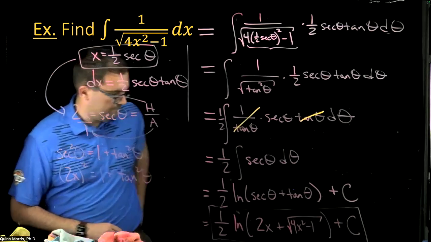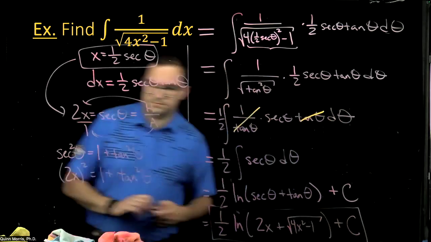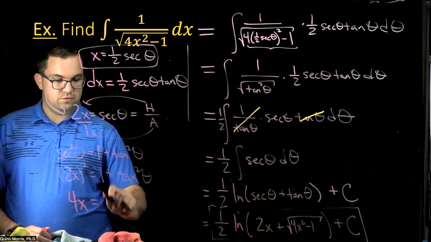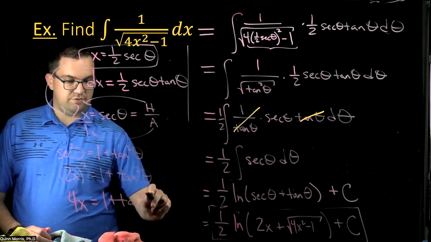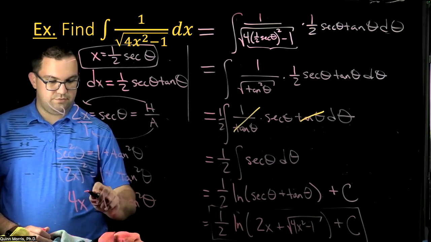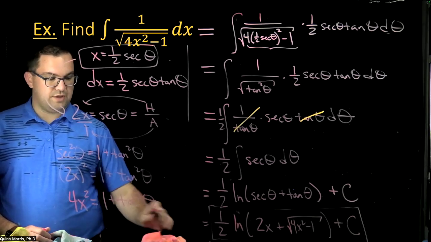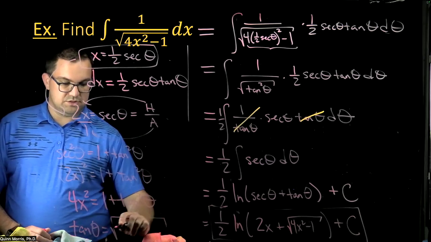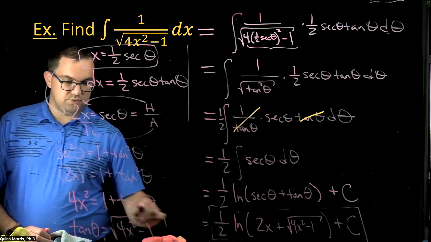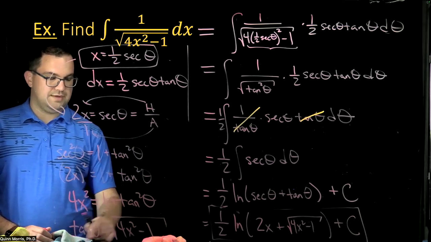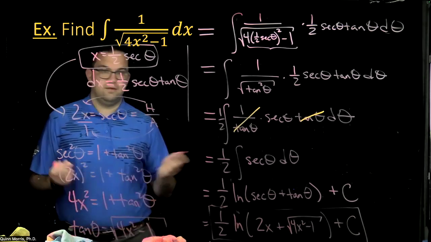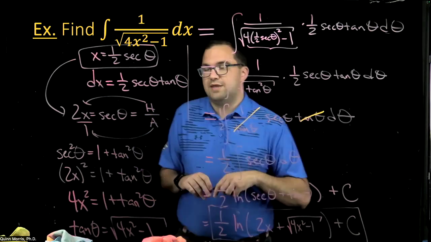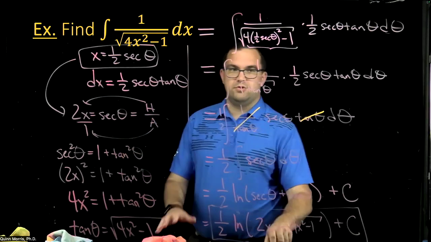Marker might be running out. And so this gives me 4x squared equals 1 plus tangent squared theta. If I solve this for tangent of theta, I'll get tangent of theta is the square root of 4x squared minus 1. Right, so subtract the 1 over, take a square root. You can do it either way. The reference triangle works more generically, and so that's what I tend to default to, but there are other tricks available.